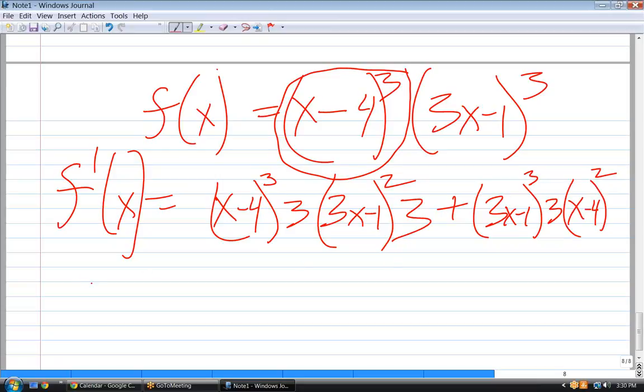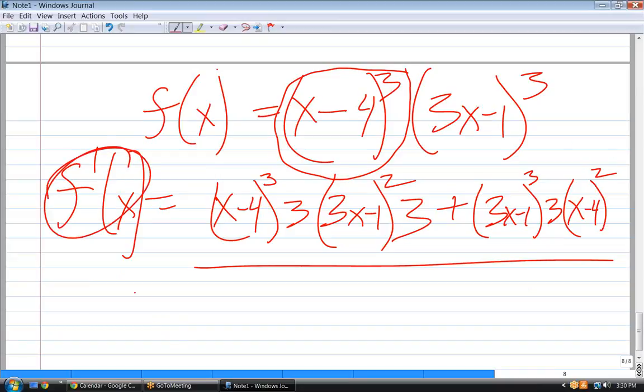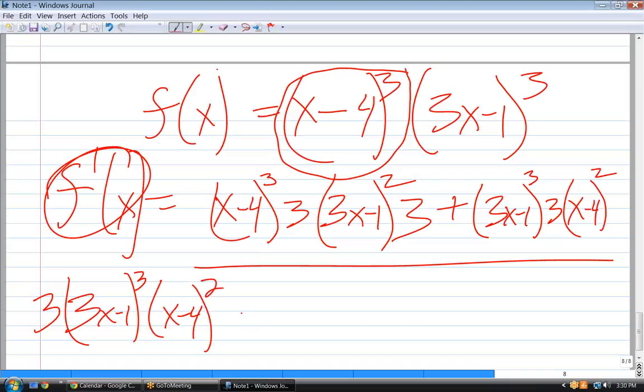Okay, so this is what I'm setting equal to 0. First thing I'm going to do is move this to the other side. So I'm going to set it equal to 0, and then I just have an algebraic expression. Okay. That I have to solve.